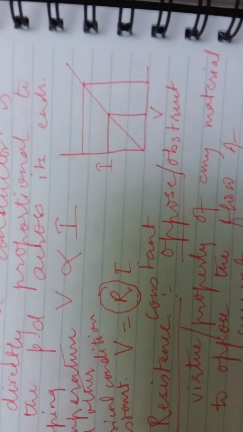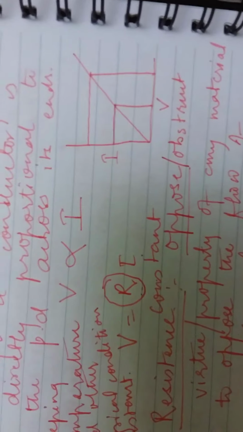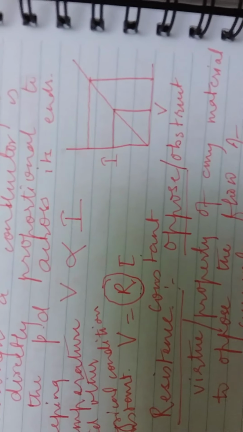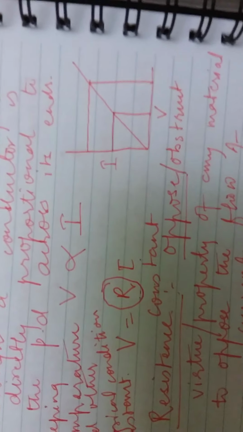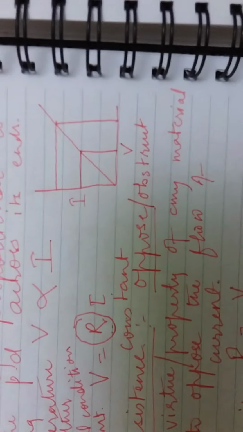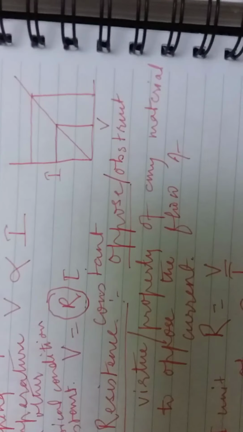To create problems. So in this case, of course, it's a problematic issue, but it is a necessary evil. So how can we understand resistance? See, resistance is a virtual property of any material to oppose the flow of charges or oppose the flow of electric current through it, right?